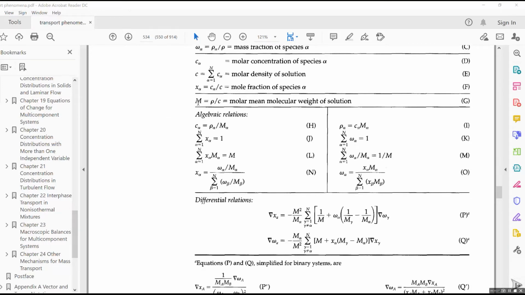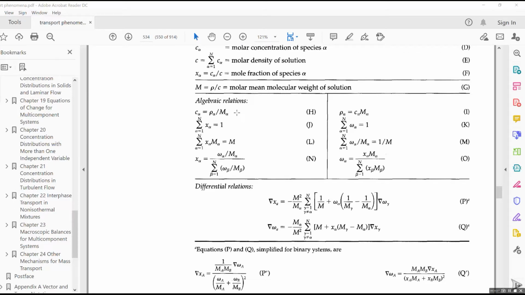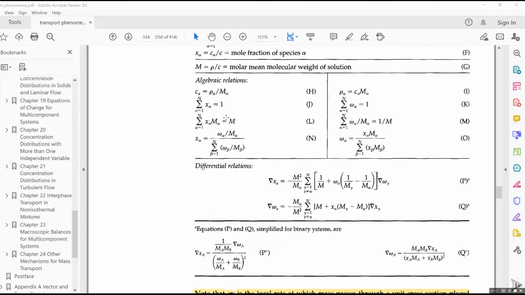If we define M for the mixture, this M here is the molar mean molecular weight of the solution or the mixture, which is its mass concentration divided by its molar concentration. Any species alpha molar concentration is given by its mass concentration divided by its molecular weight.